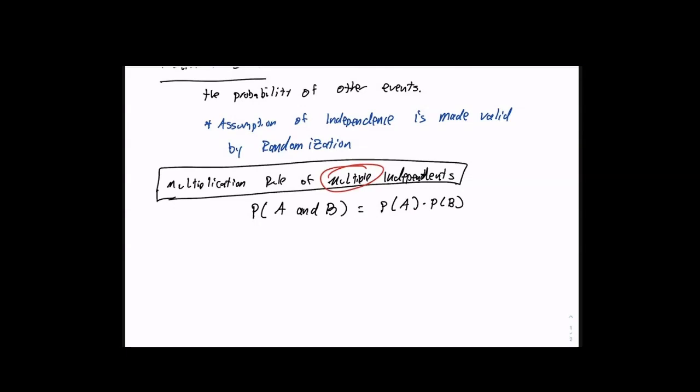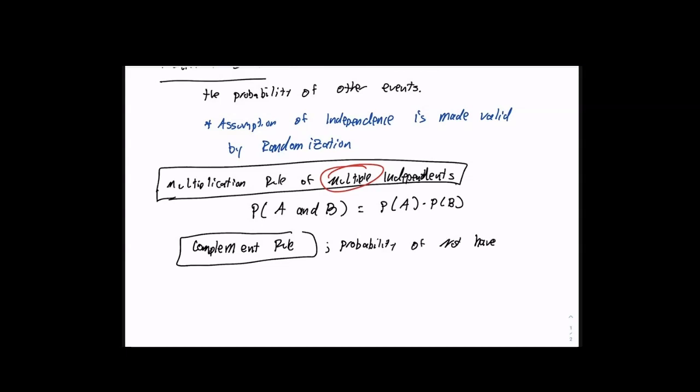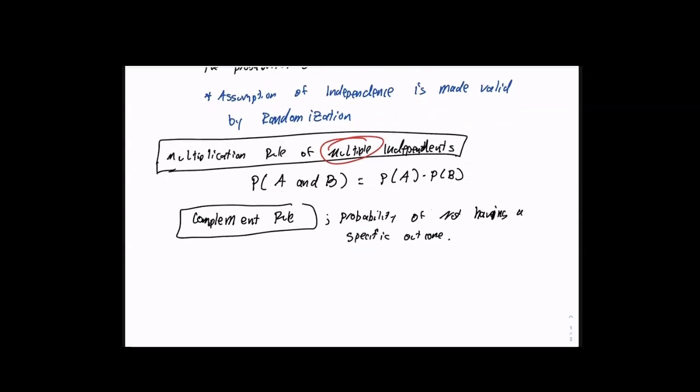All right. The other rule that we want to know is called the complement rule. The complement is the probability of not having an event, a specific outcome. We call this the not. So it's the probability of not getting A. We use the notation, and there's two different ways to do it.